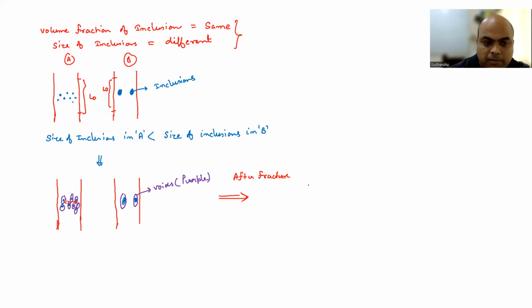So you are going to observe approximately something like this. And then your sample length is obviously going to increase slightly from the initial length, right? So this is say A.